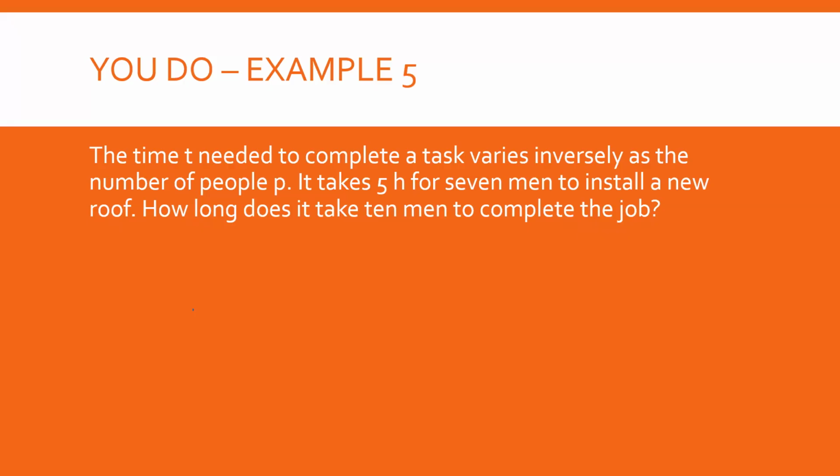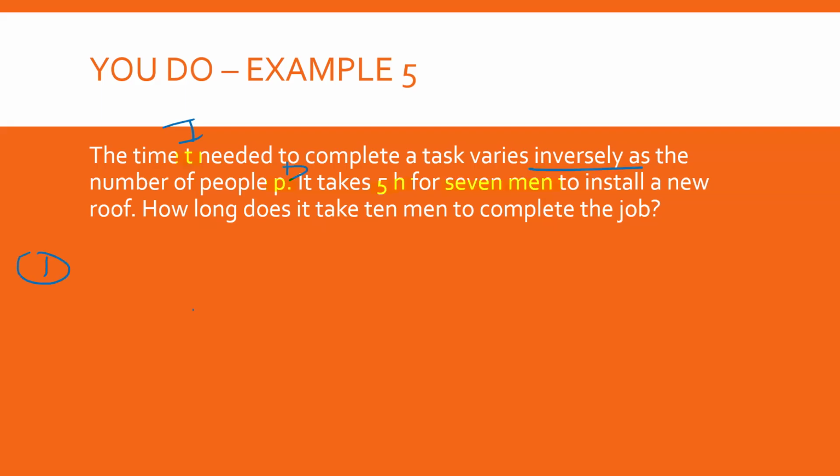All right. So on this one, you had your variables. So you had your time and your P. You had your given information, which is 5 hours and 7 min. So therefore, time is our independent, P is our dependent, and therefore we have our initial T and our initial P. Okay, we know that this is inverse variation.